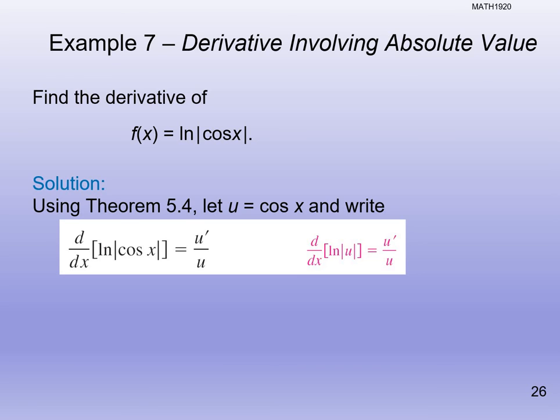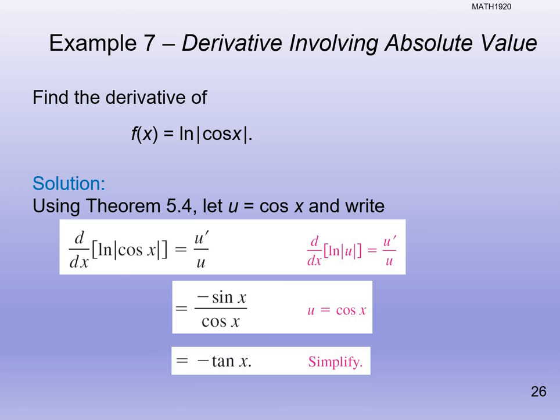If we let u equal cosine, du equals negative sine of x. So you end up with negative sine of x over cosine of x, which just gives us negative tangent of x. So it's not a big deal when we have to do the absolute value function. It works out just like the regular function when we're taking the derivative of a natural log.